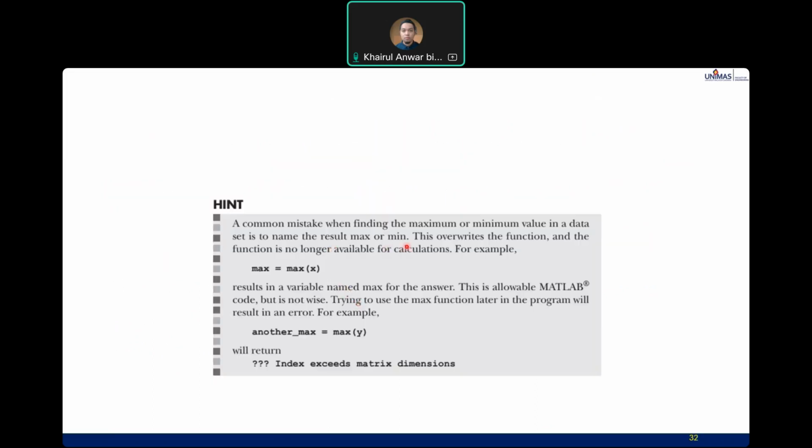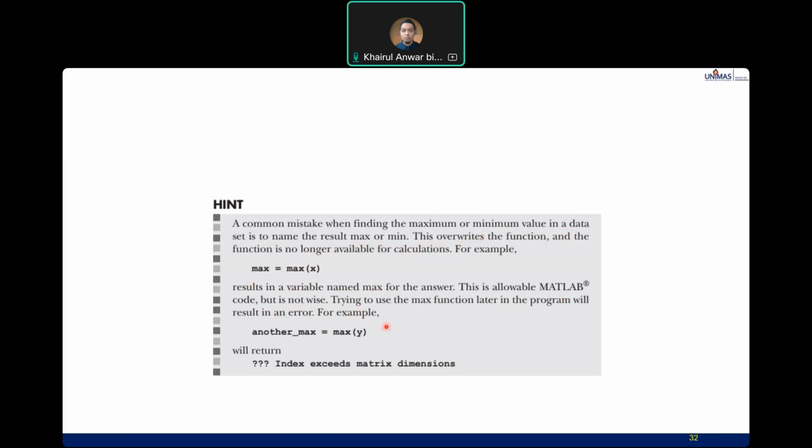A common mistake when finding maximum or minimum value in a data set is to name the result max or mean. This overrides the function and the function is no longer available for calculation. For example, max = max(x) results in a variable named max for the answer. This is allowable MATLAB code, but it's not wise, because trying to use the max function later in the program will result in an error.